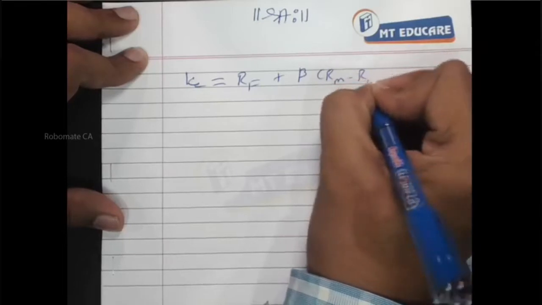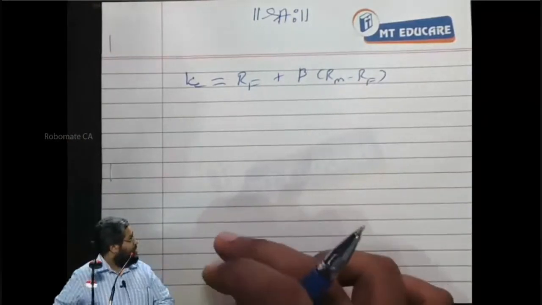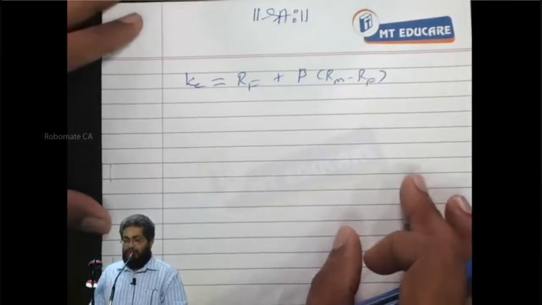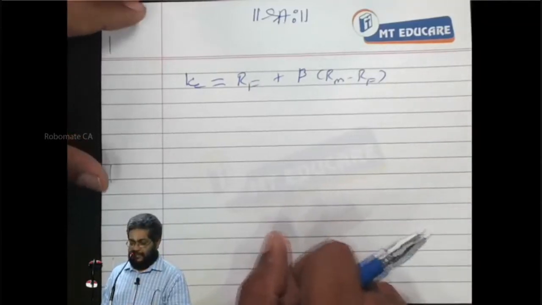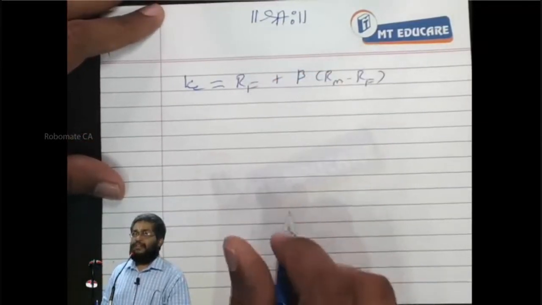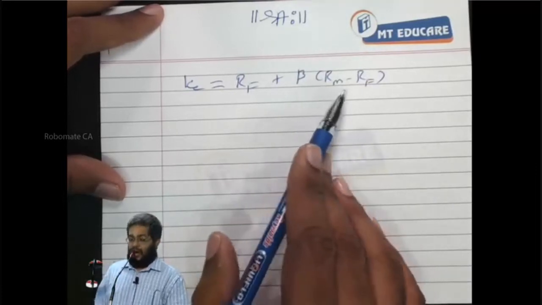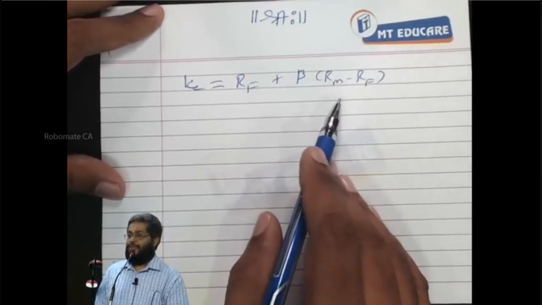So write the equation below that. KE is equal to RF plus beta into (RM minus RF), where RF is the risk-free return and RM is the return on market portfolio.